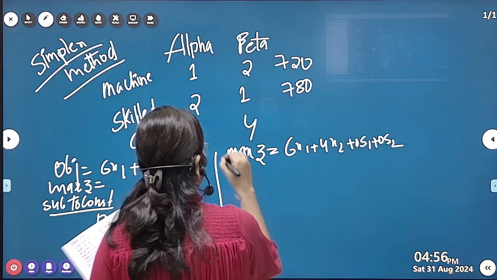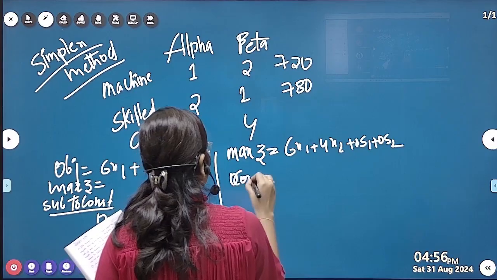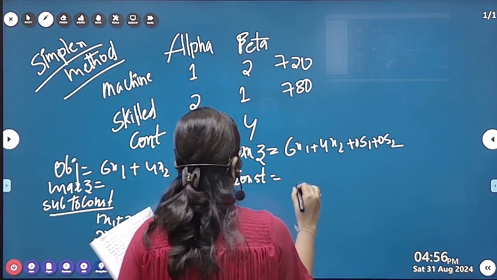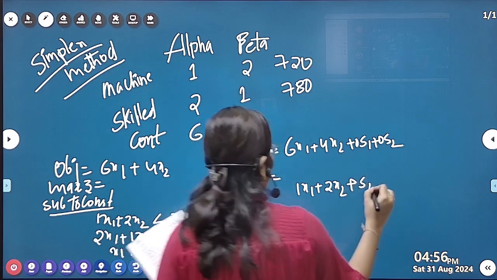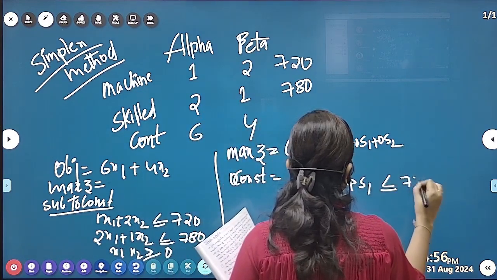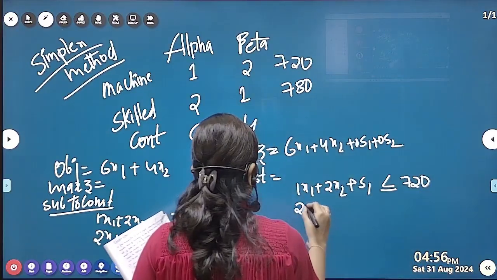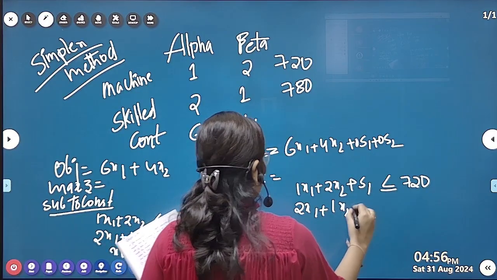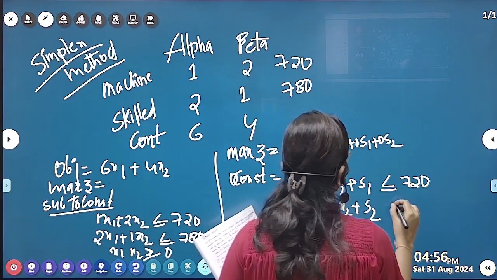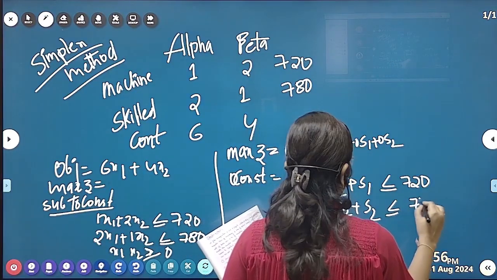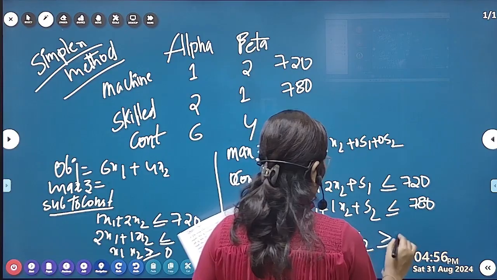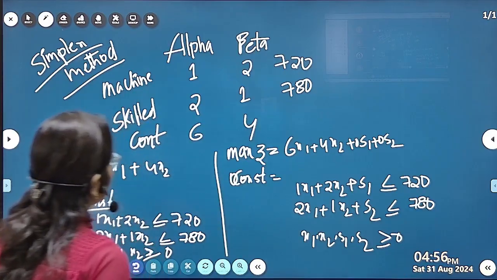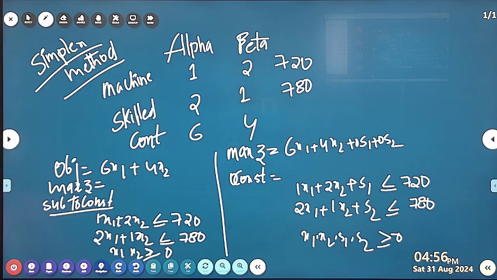This is the objective, and subject to the constraints: 1x1 plus 2x2 plus s1 is less than or equal to 720, and 2x1 plus 1x2 plus s2 is less than or equal to 780, where x1, x2, s1, s2 are greater than or equal to 0. So copy this. This is the normal formulation and this is the formulation under the simplex method.